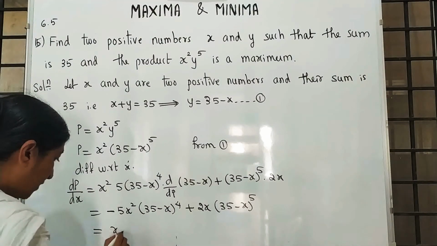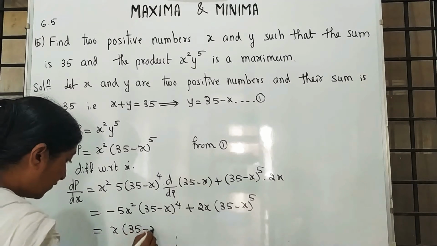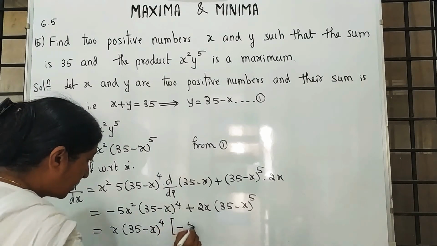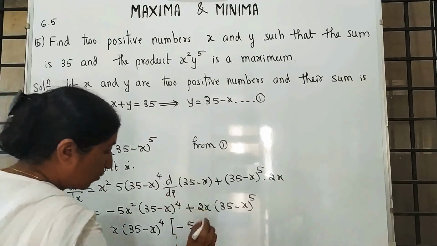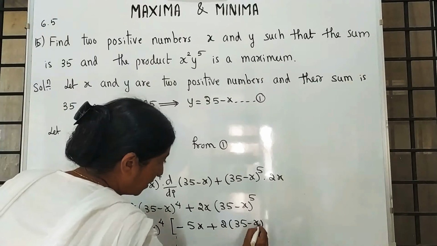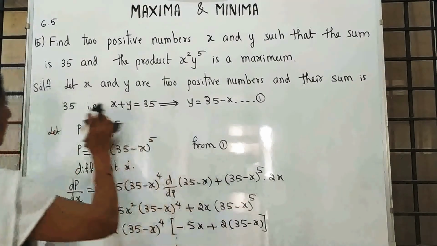Even x common. 35 minus x raised to 4 common, minus 5x is remaining here. I took x common, 2 into 35 minus x remaining in the bracket.